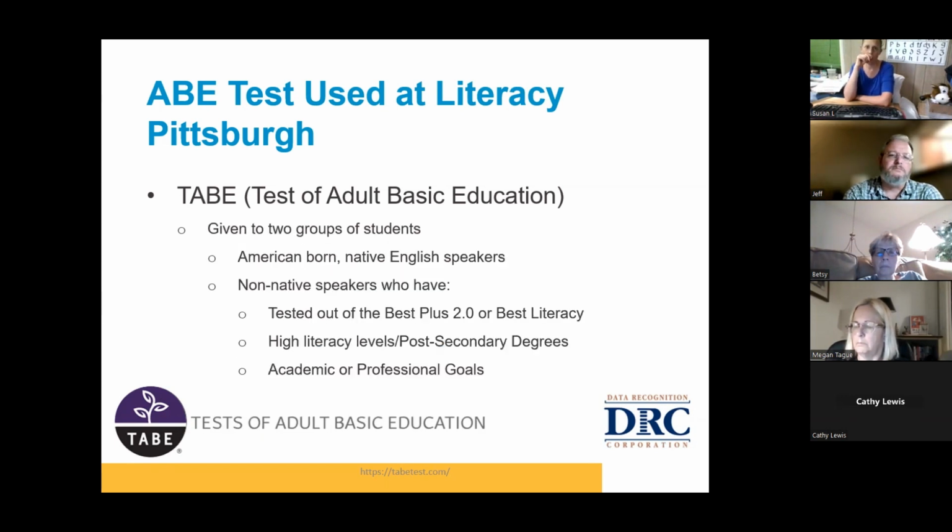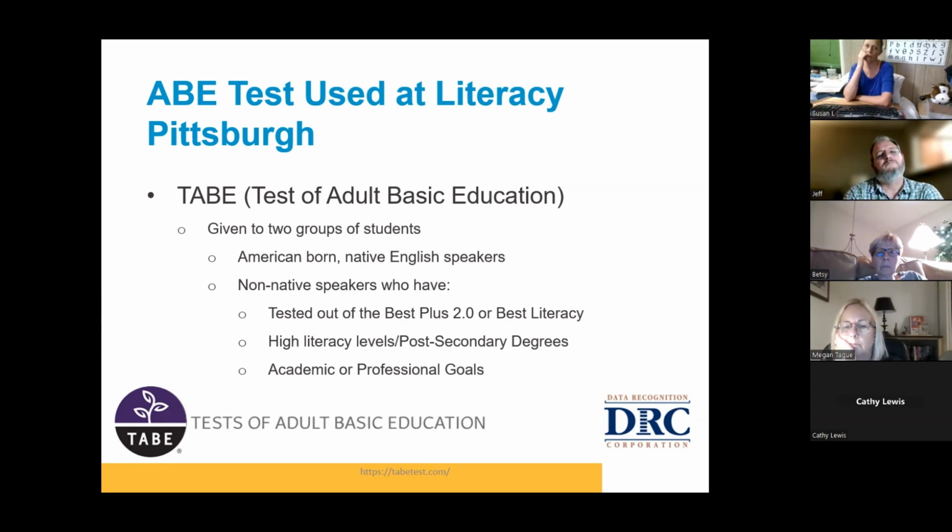So this test is given to two groups of students: the American-born native English speakers, and non-native speakers who have tested out of the Best Plus 2.0 or the Best Plus and the Best Literacy, have high literacy levels or post-secondary degrees from their countries, and have academic or professional goals.